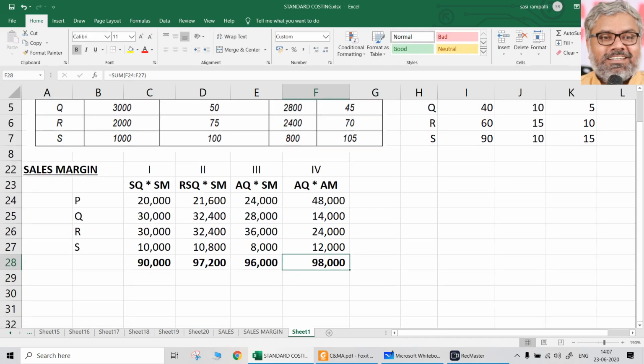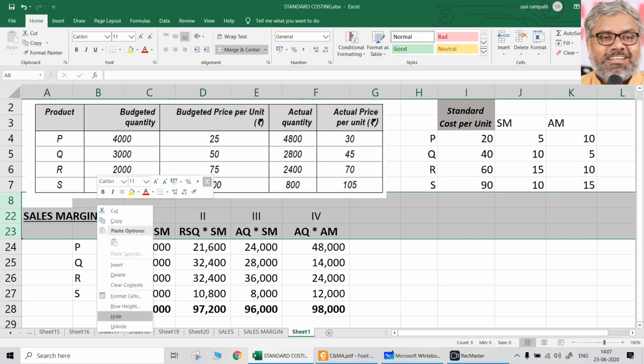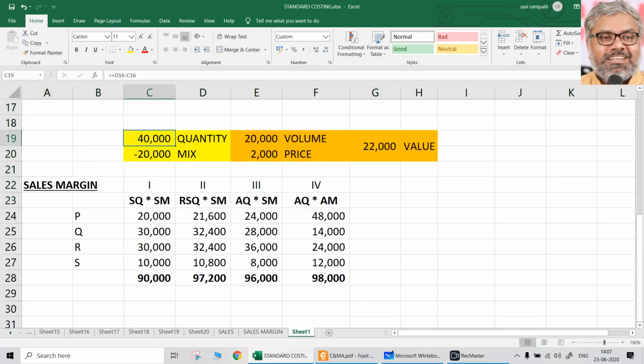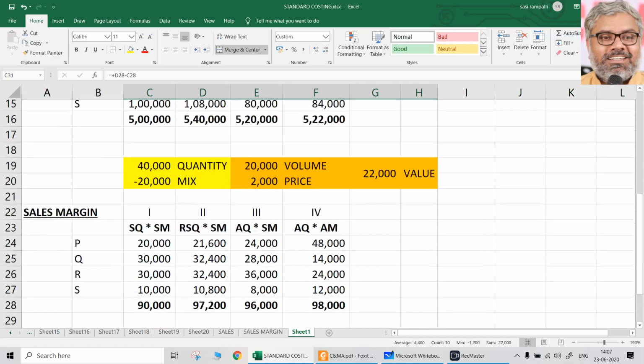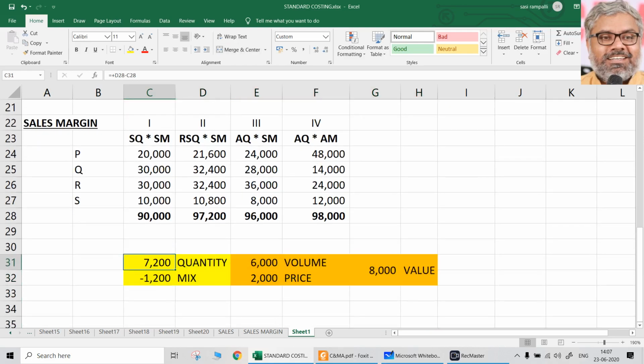That's all. We have everything now. So we can find out sales margin variances also same like this. Sales margin quantity variance, sales margin mix variance, volume, price and value, everything can be found out like that.